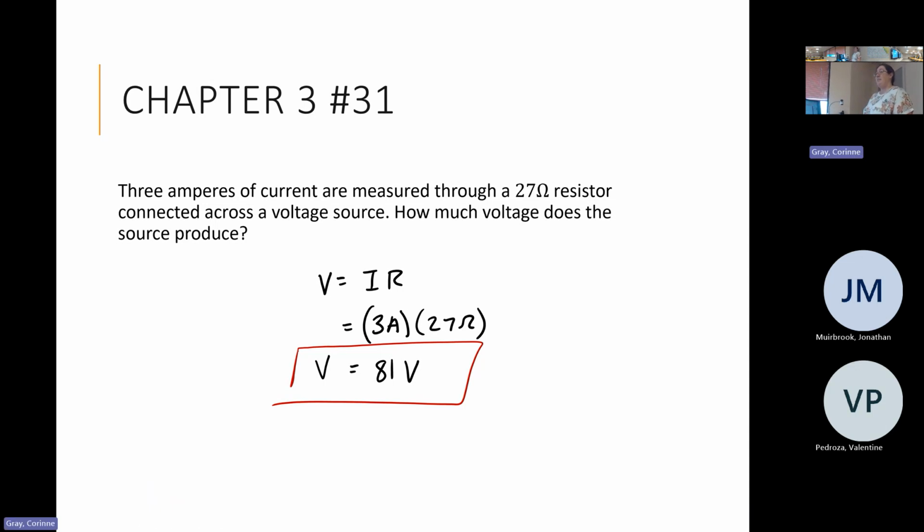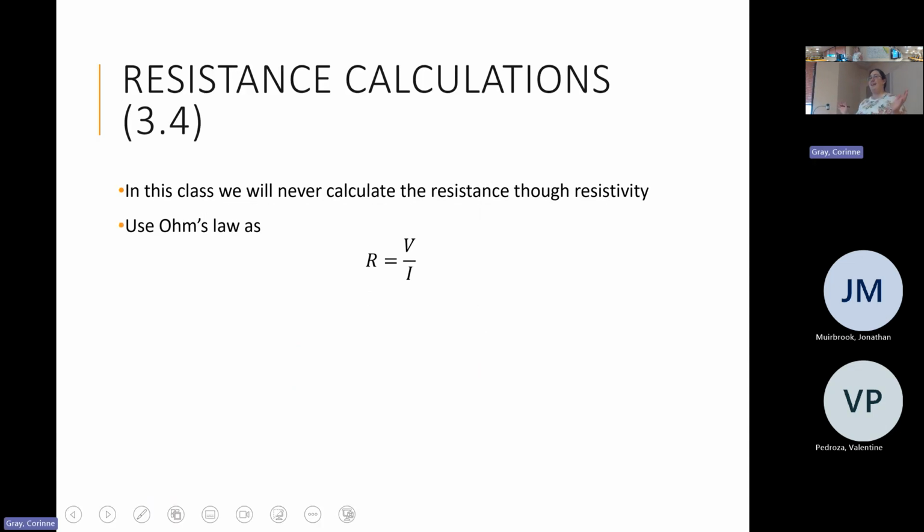How do you think we solve for resistance? Yay. R equals V over I. We are never going to calculate resistance through resistivity in this class. If you have the packet, there's an optional example for the last 2 pages.